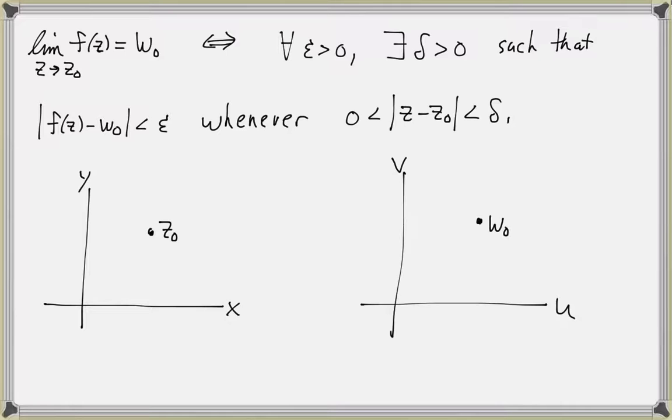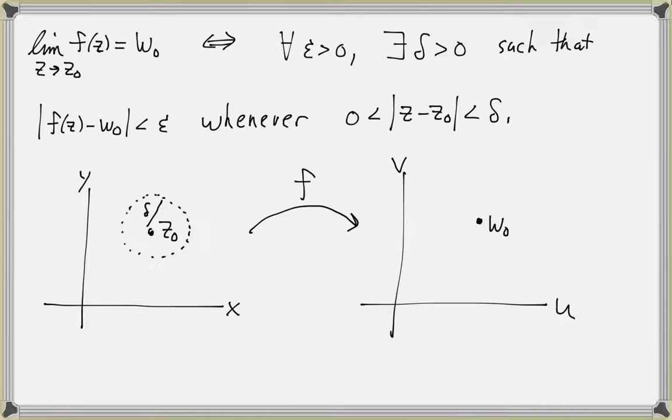The idea is if we use the transformation f, we see that if we choose values of z within distance delta of z0, so let's draw a deleted neighborhood around z0, and the distance of this radius would be delta.